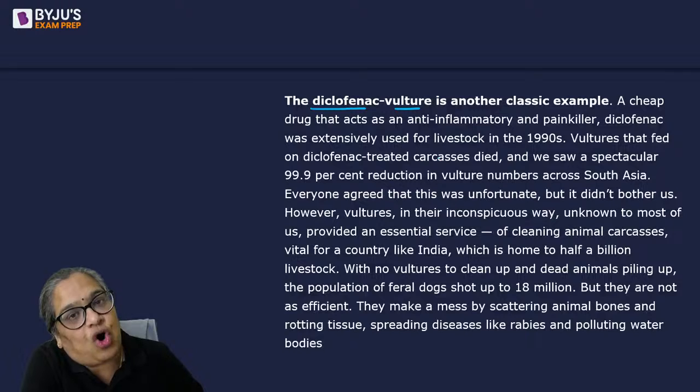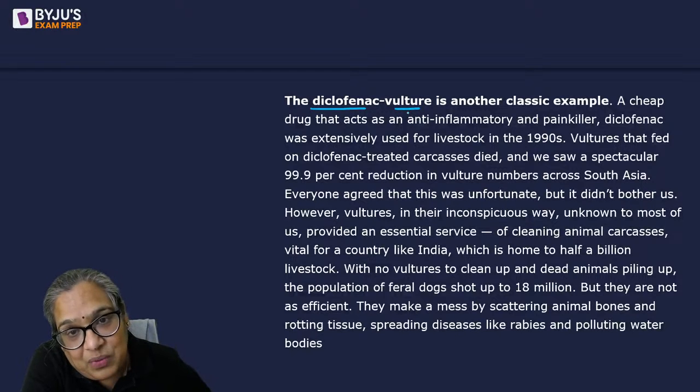people and livestock, mostly livestock, not people, are given a lot of painkillers, which has a high amount of this cheap anti-inflammatory chemical called diclofenac. Vultures have died when they fed on carcasses which have a lot of diclofenac in them.